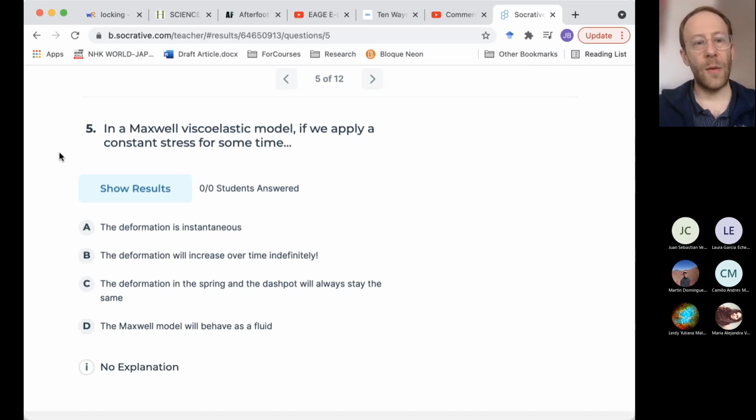And I would like you to tell me which of these propositions are true or correct. There might be more than one actually. So let me know which ones are the correct ones.